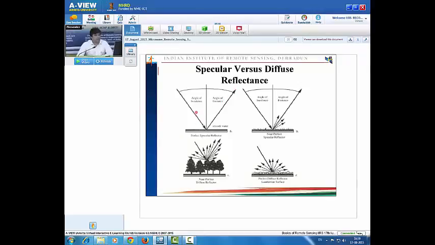At that time our sensor will not be able to capture any information, and these types of features will appear dark because scattering will be very low. So our sensor will not be able to capture any backscattered amount.